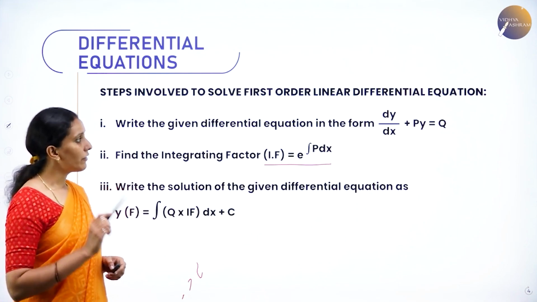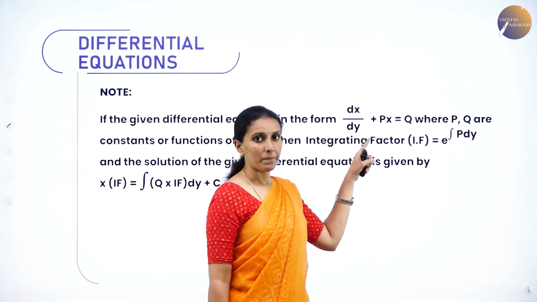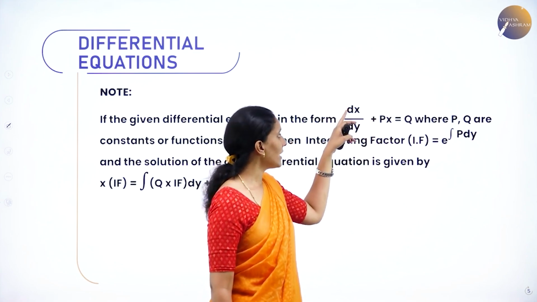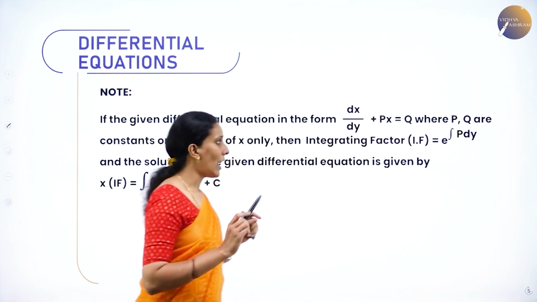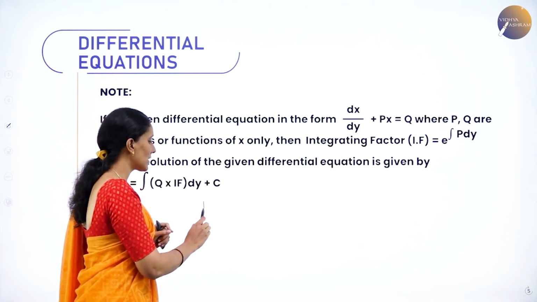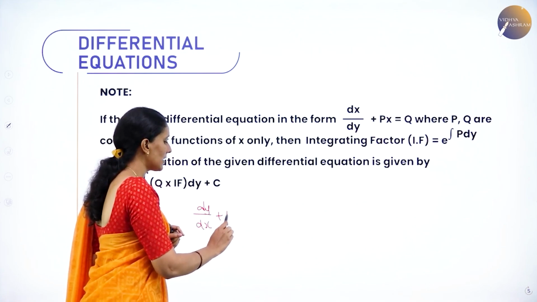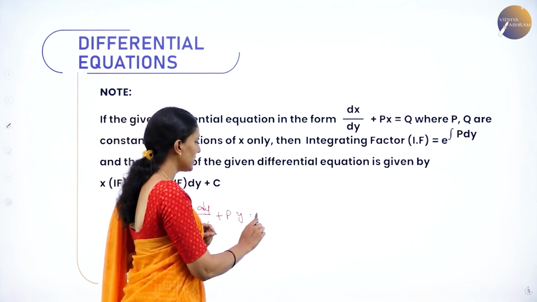Suppose our differential equation is of the form dx by dy, then the equation should be expressed in the form of dx by dy plus px is equal to q. So the other differential equation we have discussed is dy by dx plus p into y is equal to q.